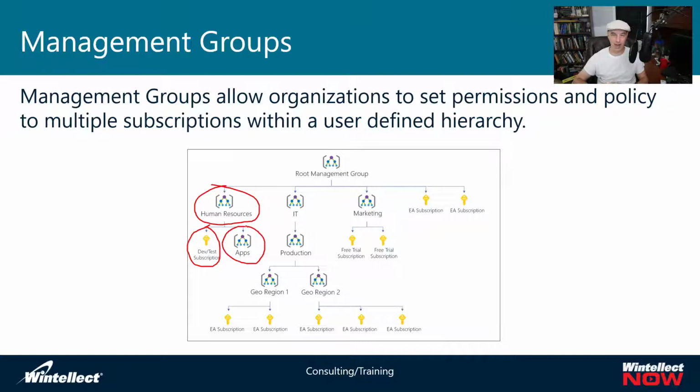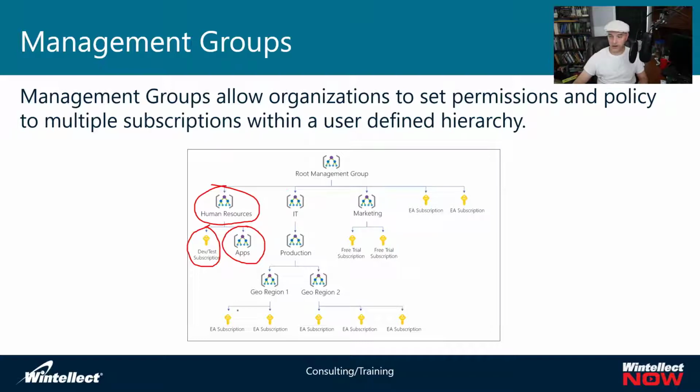And of course that apps management group would have subscriptions within it for actually running those applications. And this separation allows you to organize things around the actual business unit and then break that further down into the kinds of workloads that they're going to be doing in that context based on their state in the process of development, dev tests, and then production type workloads.